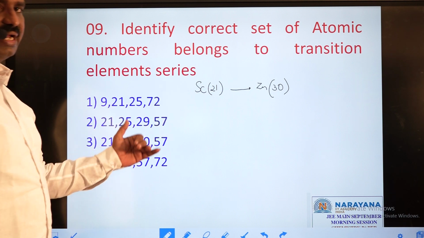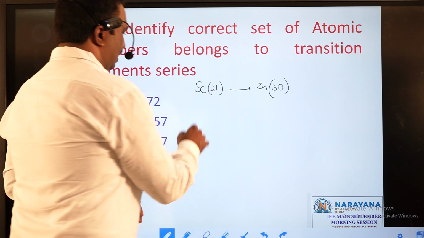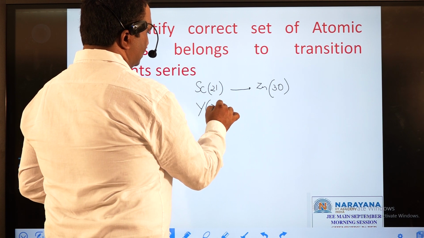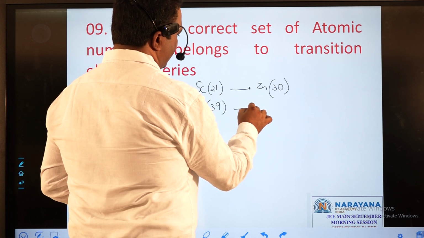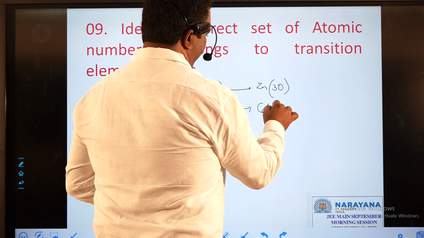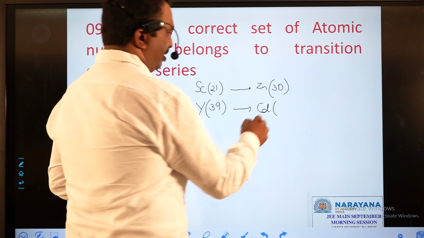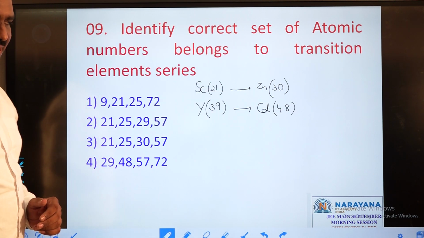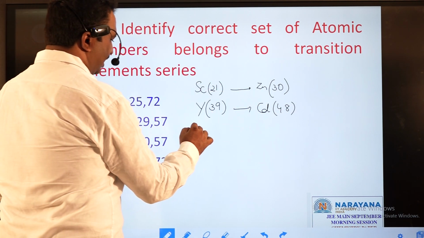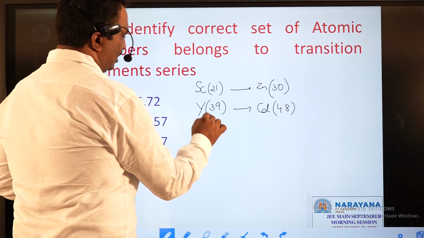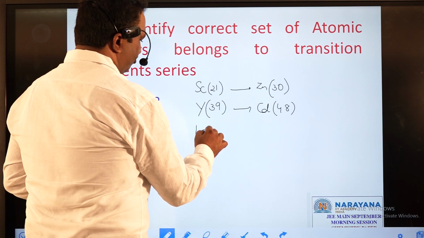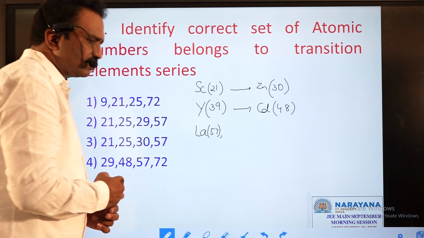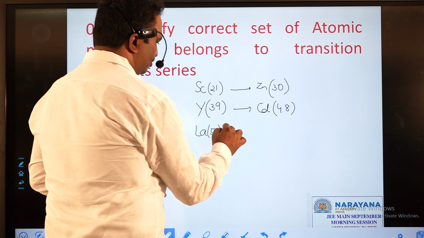Let me check according to the options. The next element is yttrium, atomic number 39, and cadmium, which is 48. This is the 4d series. Next, the 5d series starts with lanthanum, 57, and after that we have hafnium.